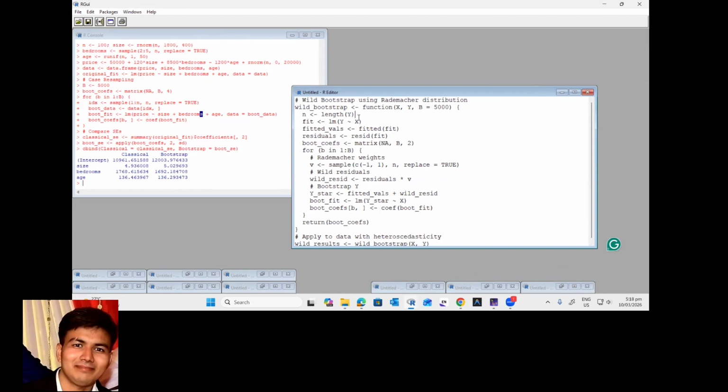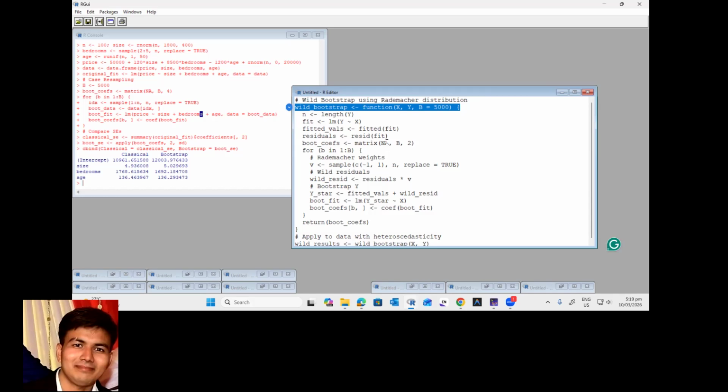First is x, the predictor vector, assumed to be a numeric vector, and y, the response vector, whose length should remain the same as x. And b is the number of bootstrap replicates, defaulting to 5000 replications.